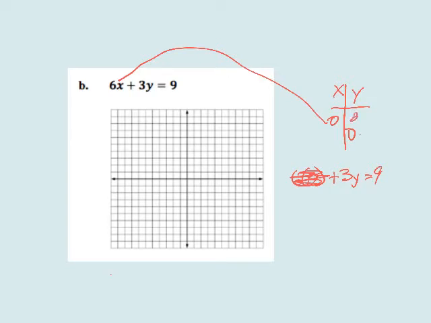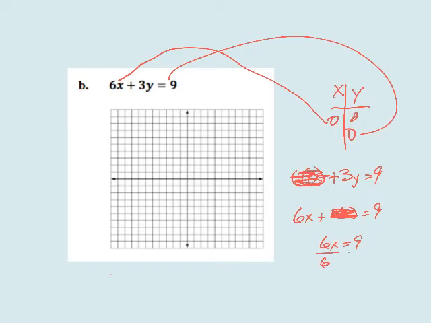Secondly, I put the 0 in for y. So I have 6 times something plus 3 times 0 is 9. This is gone. So I have 6 times something is 9. Divide both sides by 6. And x is 9/6, which is 1.5.